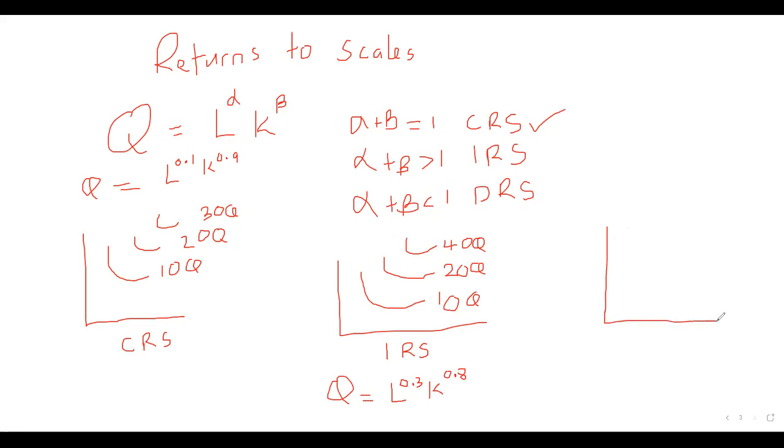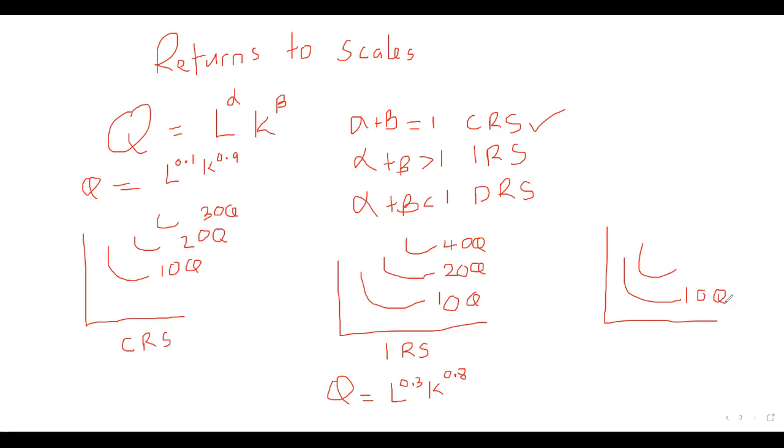So now we go to the other graph, which is going to depict another returns to scale. So we are going to look at the curves that are increasing. At this point, production will be increasing from 10. We have 10Q.